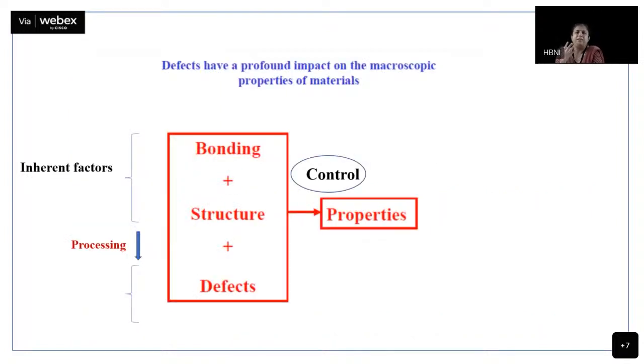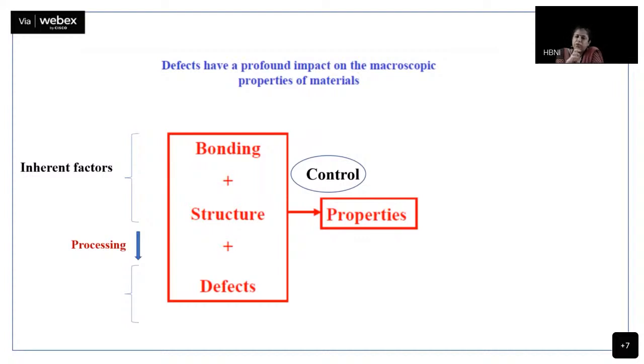Okay, so what are the three things that control the property of the material? If you close your eyes and I just ask you to name three things that would affect the property of a material, even if you are a layman, with the knowledge of science, you would say that bonding, whether it is ionic bond, metallic bond, covalent bond, affects the property. It's crystalline structure. We spent the entire last lecture on this. So these two are the inherent things. By varying that, also we can control the property.